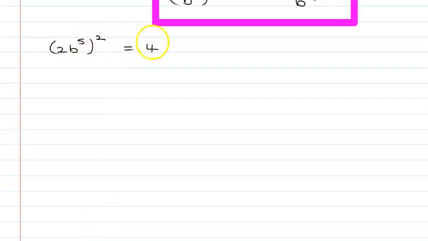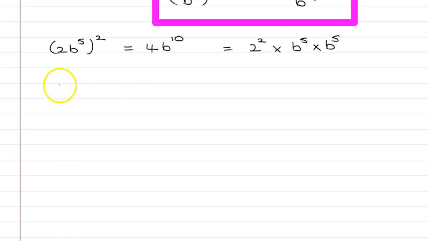So it's 5 times 2, which is 10. So it's b to the power 10. If you're not sure, you can always write it out in full factor form. So let me say that was 2 squared we did first, multiplied by b to the 5 times b to the 5. That's what that means. And then obviously you can then write it out and you should end up with 4b to the 10.